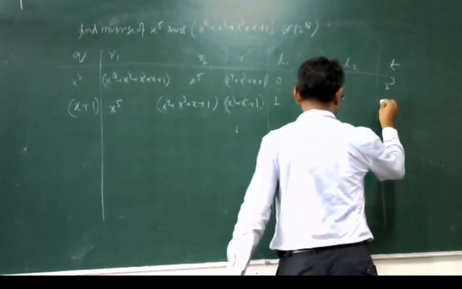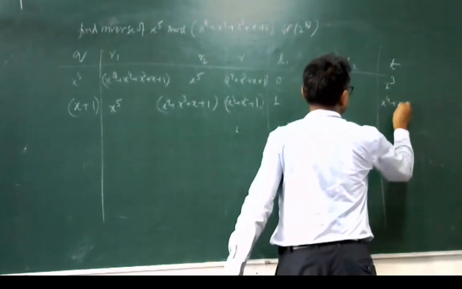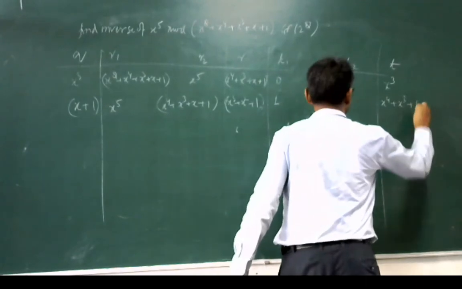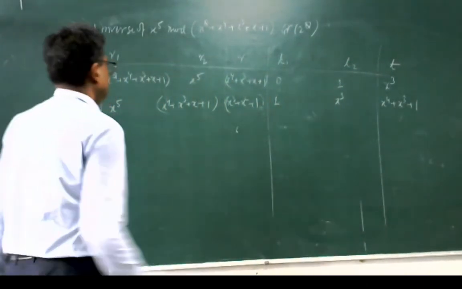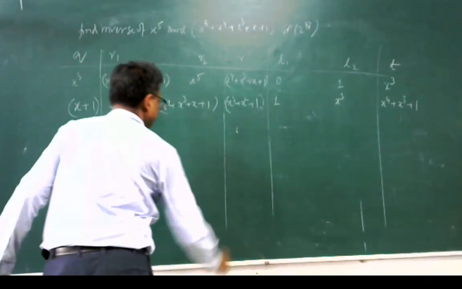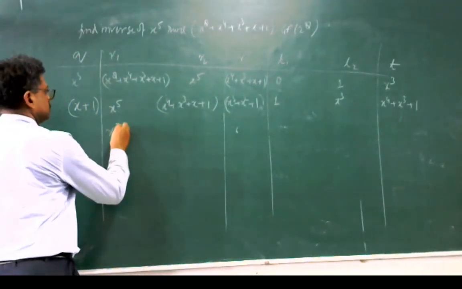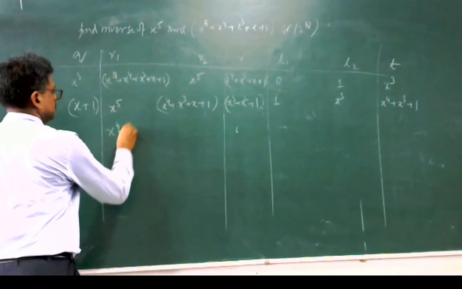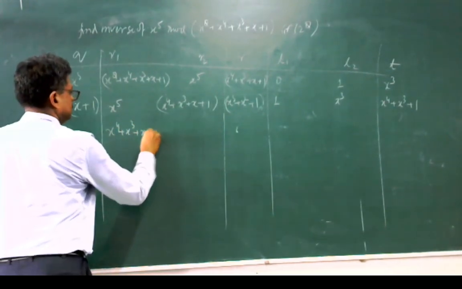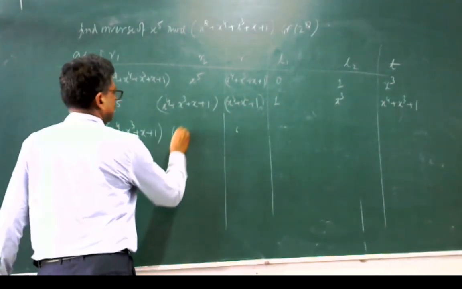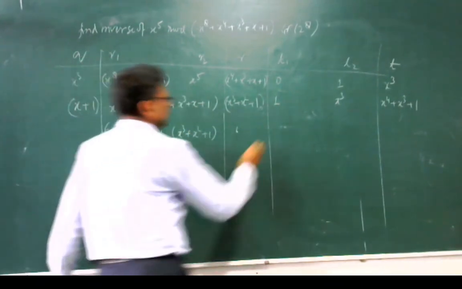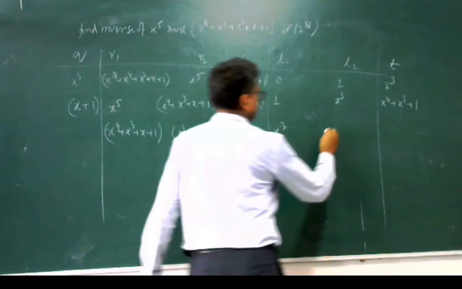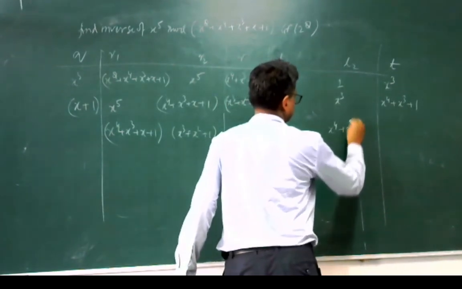So this will be equal to x to the power 4 plus x cube plus 1. So the next time it will be x to the power 4 plus x to the power 3 plus x plus 1, and this will be x cube plus x square plus 1. This will be x to the power 3 and this will be x to the power 4 plus x to the power 3 plus 1.